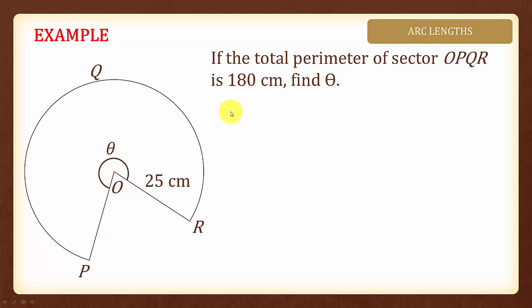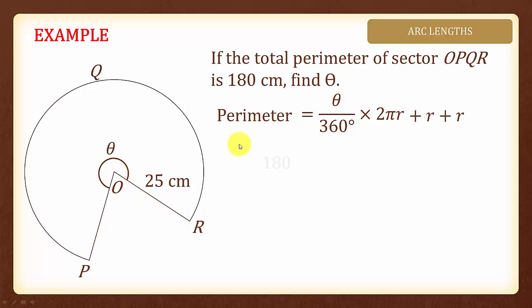In this example here, we are asked to find theta given that the total perimeter of the sector is 180 centimeters. Now, the total perimeter of the sector is given by the arc length PQR plus the 2 radius. Since the perimeter is given to be 180, we will have 180 on the left hand side. And theta is unknown, so we will still have theta over 360 here.